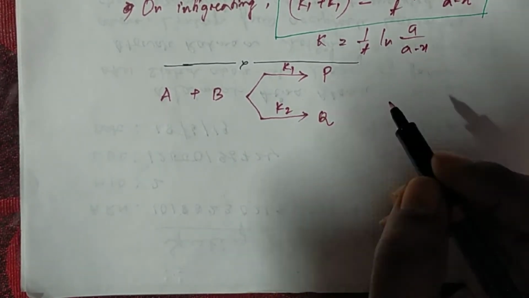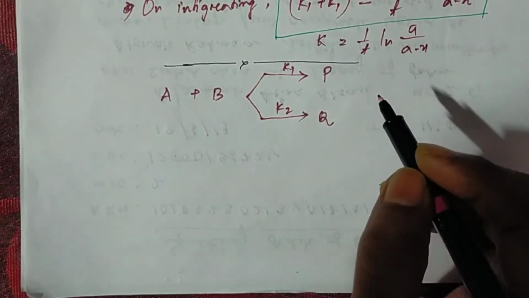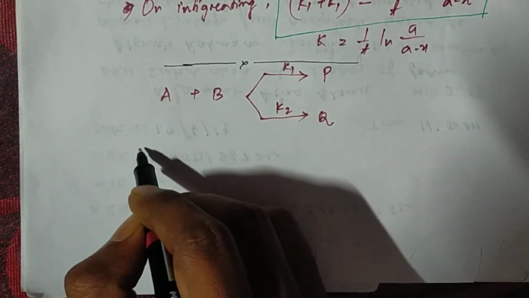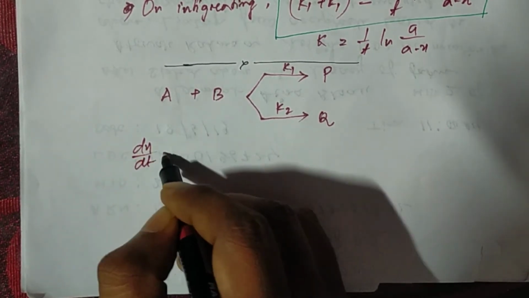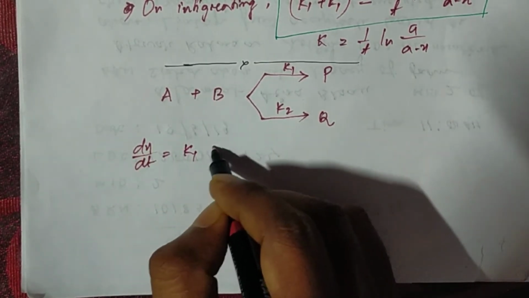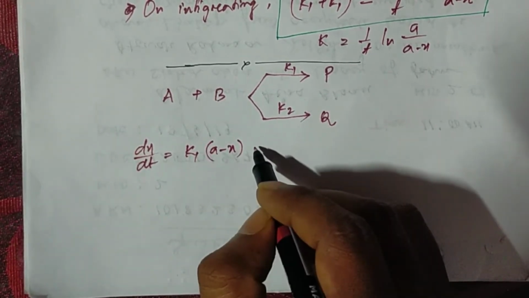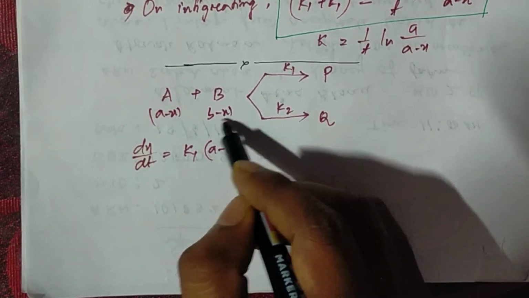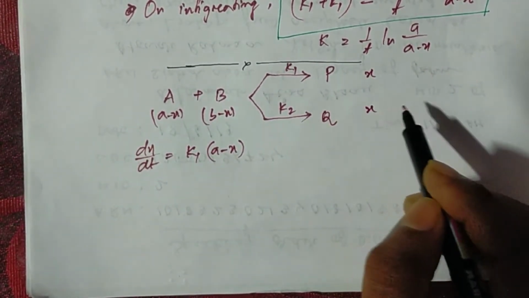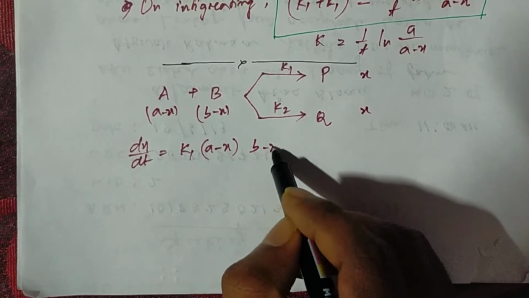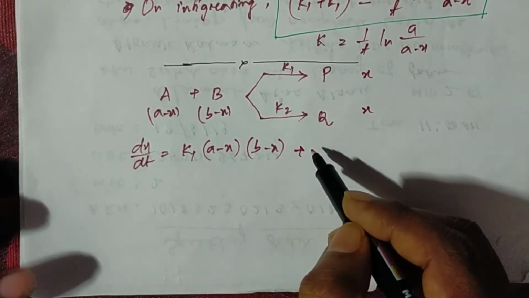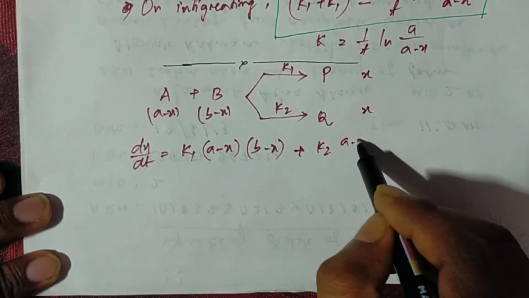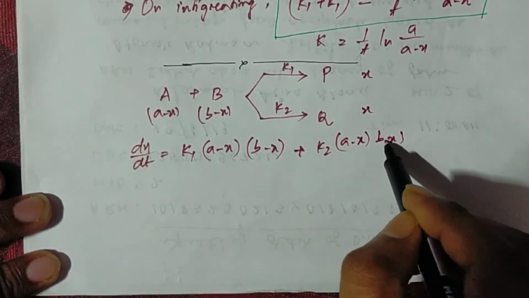For this second order parallel reaction, we write the differential rate equation dx by dt is equal to K1 (a minus x)(b minus x) for P, plus for Q K2 (a minus x)(b minus x).